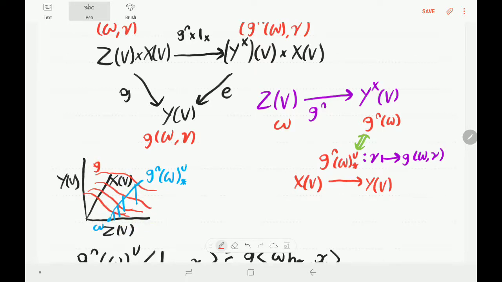This is at least the picture in sets, but in some sense, it's a similar kind of picture in general, just with more associations. Basically, we have some function g from z times x to y.